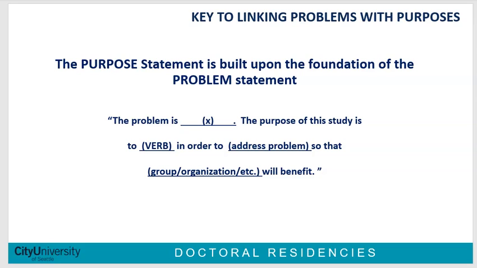If you say the problem is X, then the purpose of this study is to do something, to investigate, understand, etc. That's a verb, in order to address the problem so that this organization, etc. will benefit. Conceptually, if you could think of the problem and purpose linked like that, then you will be light years ahead. Okay, remember, the problem is X, so the purpose of the study is the verb that you're going to use to address X.